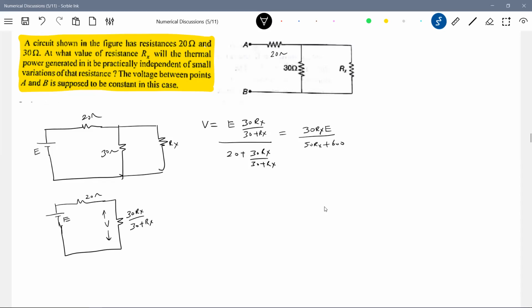Now what is the power dissipated? Thermal power is generated in Rx. That should be P equals, we know, voltage square by Rx.